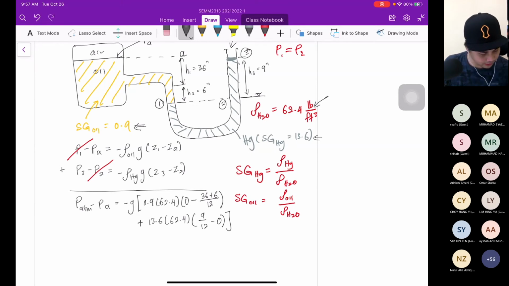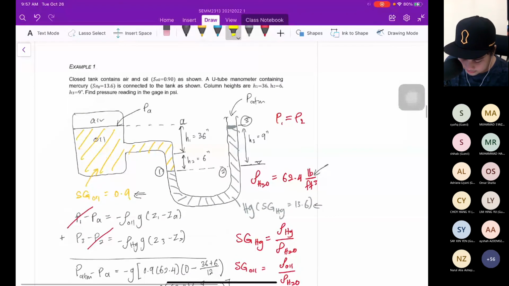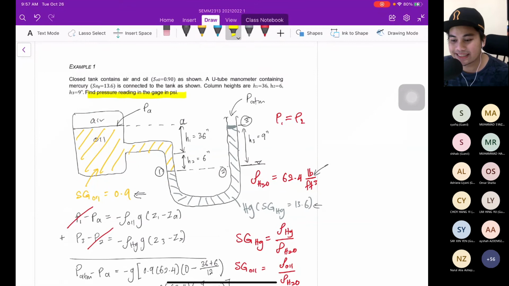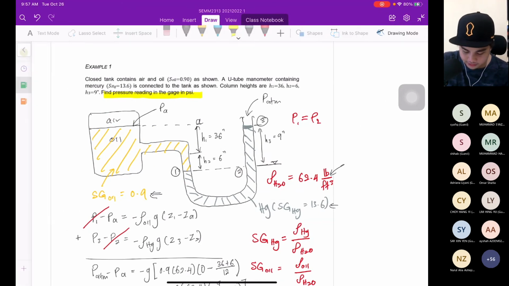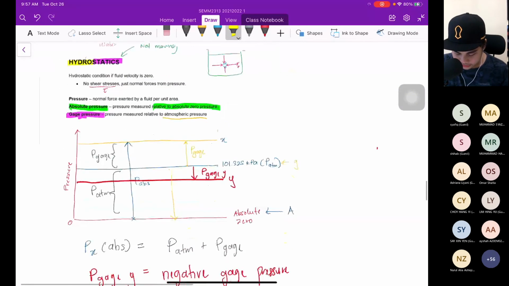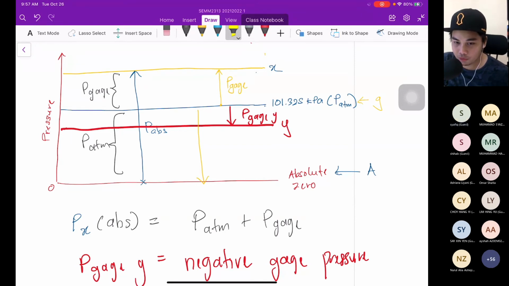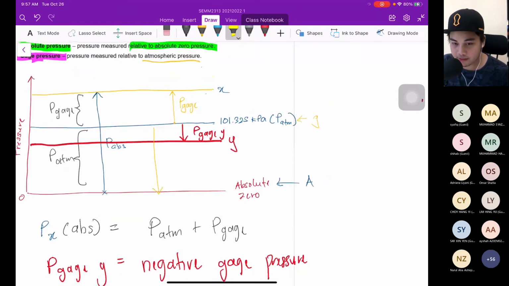Okay, after you have calculated this, you can see that the question asks, find the pressure gauge in PSI. So this is the gauge. What do you mean by gauge? Do you still remember the gauge? What do you think by gauge? The measurement, referring to the measurement of pressure with atmospheric as the reference, right?